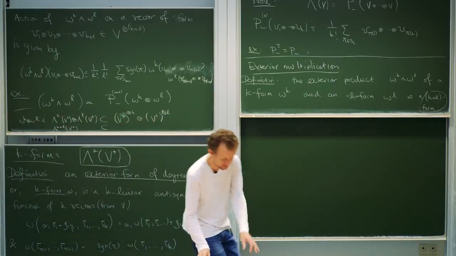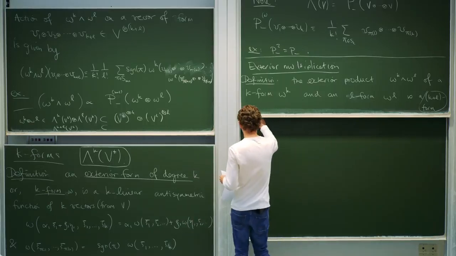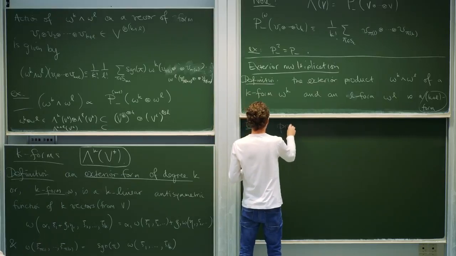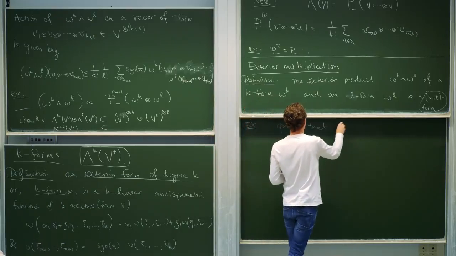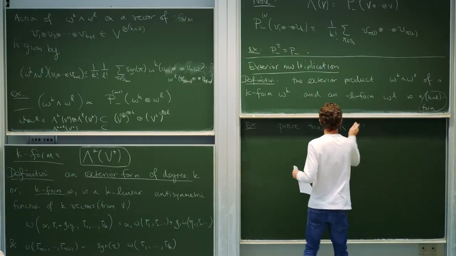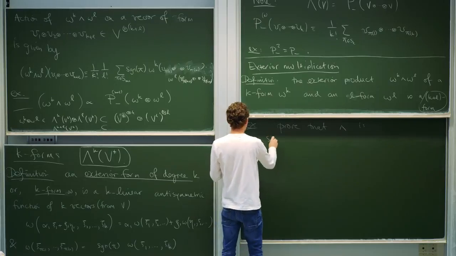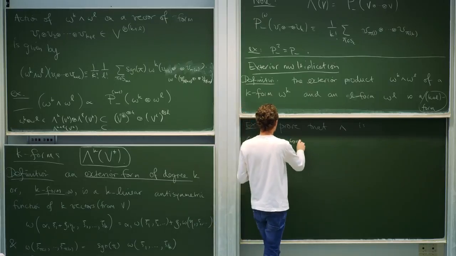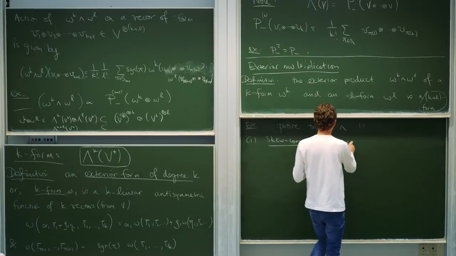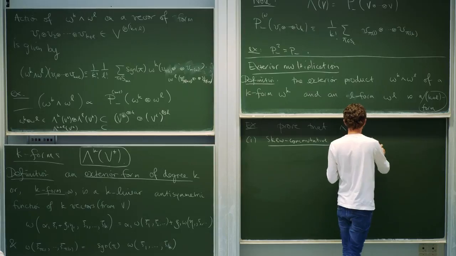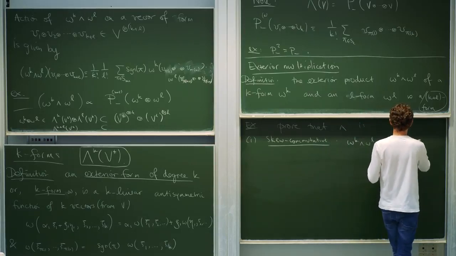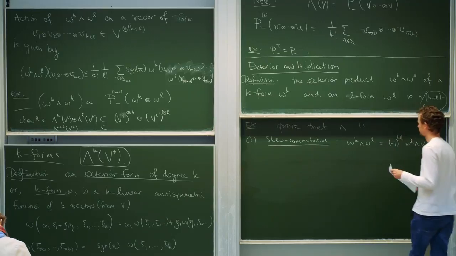All right, let's check some properties by sending them as an exercise. So prove that this wedge product operation is, one, skew commutative, meaning that if you do omega k wedge omega L, that's equal to (-1) to the k times L, omega L wedge omega k.